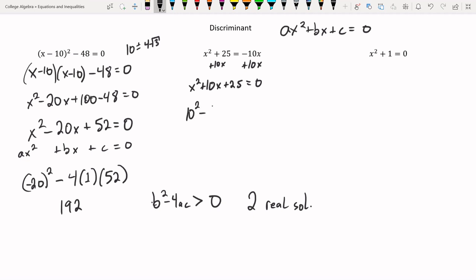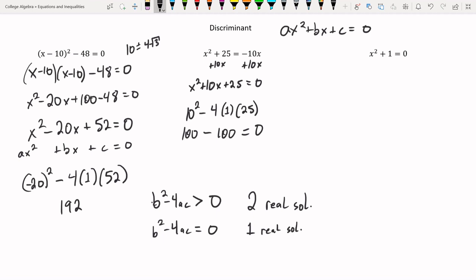B squared minus 4 times a times c. Plugging that in gives us 100 minus 100, which equals 0. Now, if b squared minus 4ac equals 0, we have one real solution.